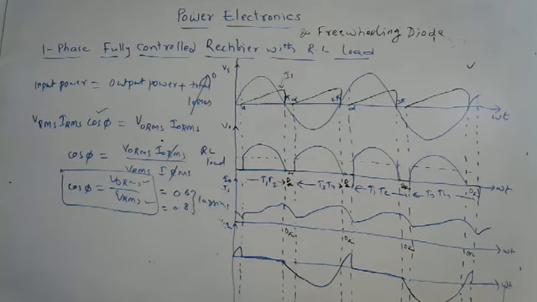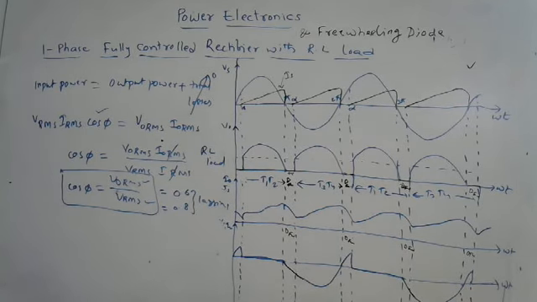Once you place the freewheeling diode, the circuit behaves like an R load, even though the load is an RL load. What happens? Very simple. We get only first quadrant operation rather than two quadrant operation. So this is all about the single phase fully controlled rectifier with the RL load.